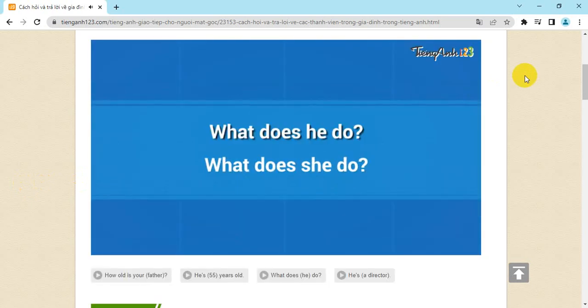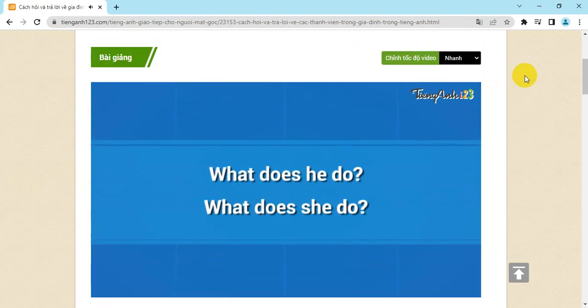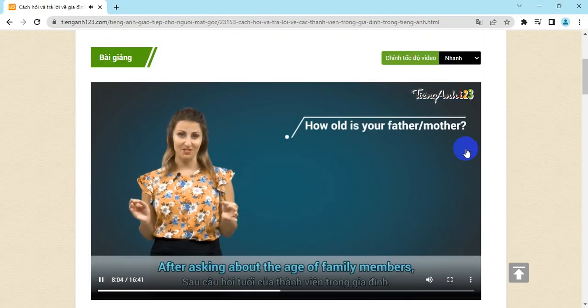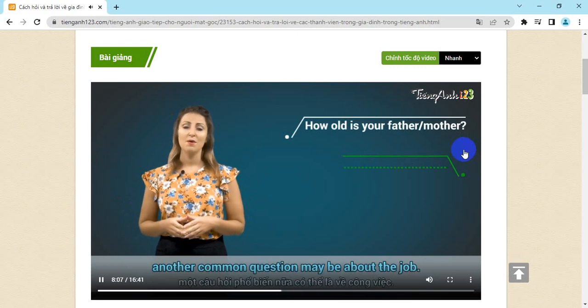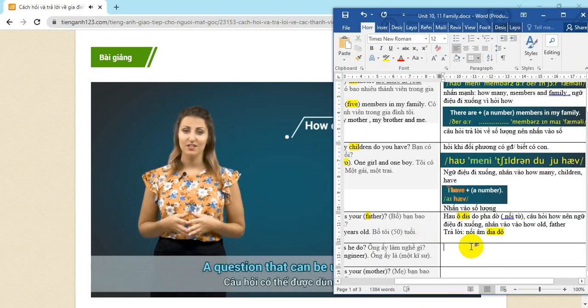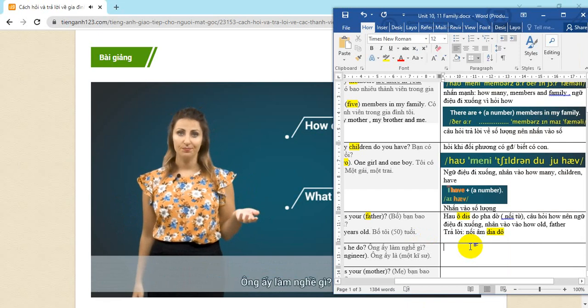What does he do? What does she do? After asking about the age of family members, another common question may be about the job. A question that can be used is, what does he do?